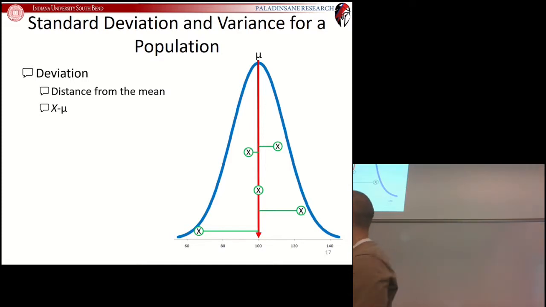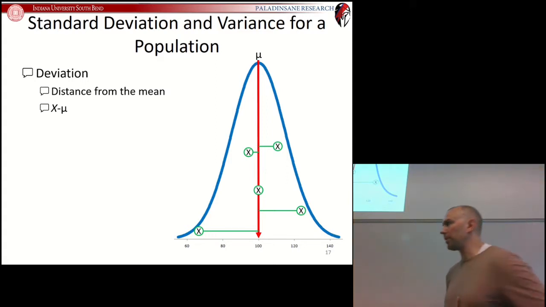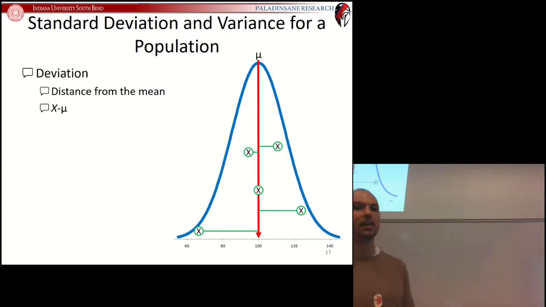The problem with that is that the mean is the balance point for this distribution. These deviations on this side, when you add them to these deviations on this side, exactly cancel out to 0. And that does not work in terms of trying to get a numerical value for how spread out things are.